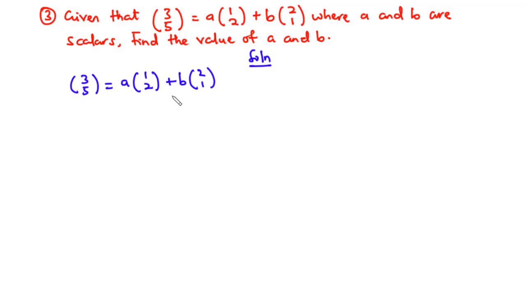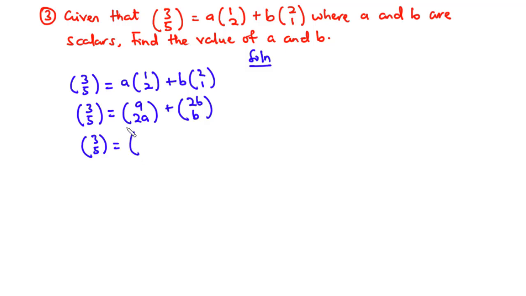So we are going to multiply the scalars across. So that is, we have 3, 5 equals a times 1 is a, times 2 is 2a, plus 2 times b is 2b, 1 times b is b. So this becomes a plus 2b and then 2a plus b.